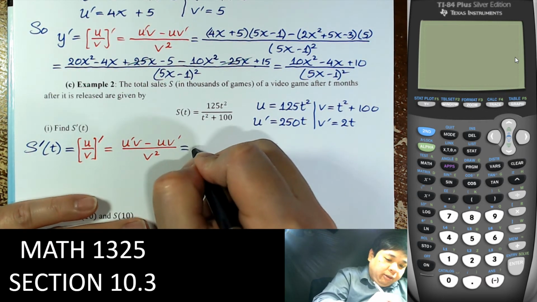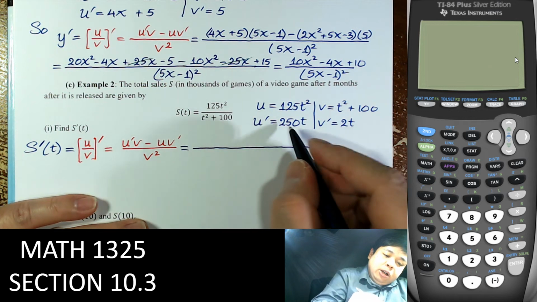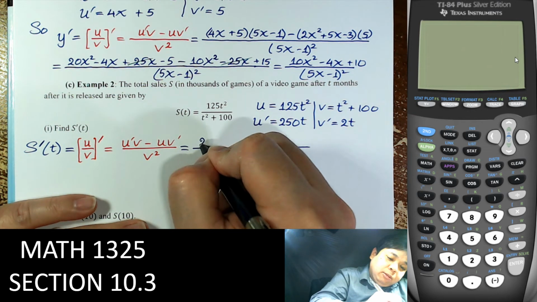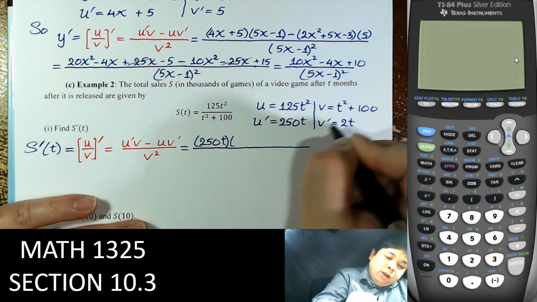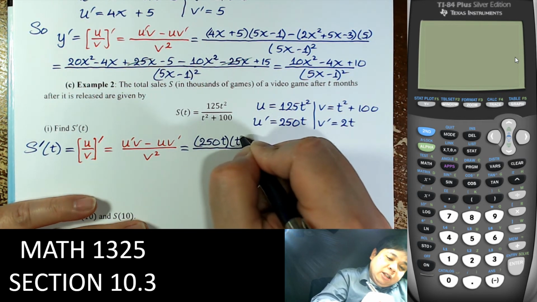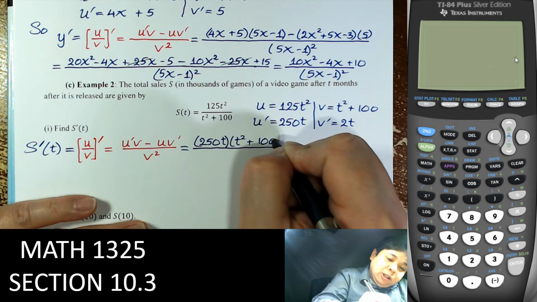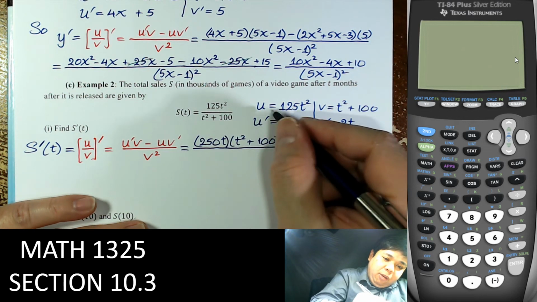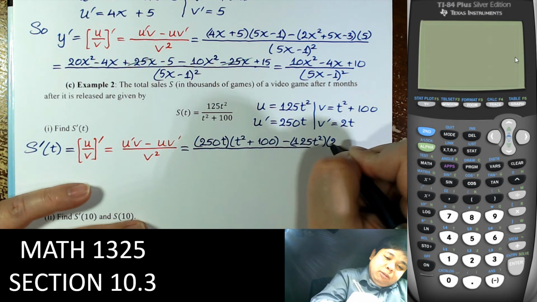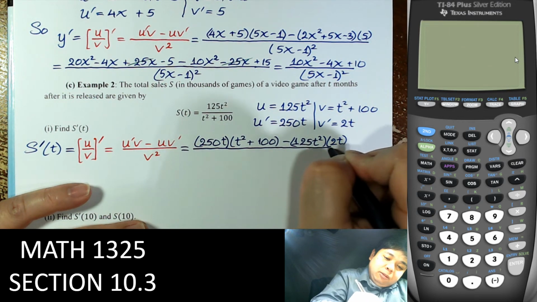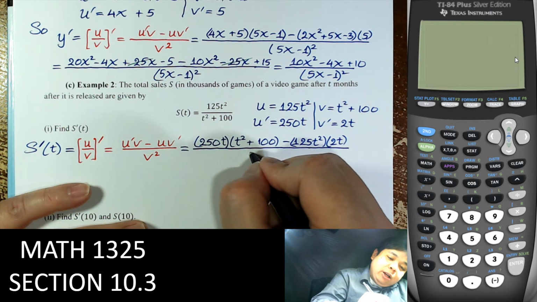So we have u prime v minus u v prime over v square.